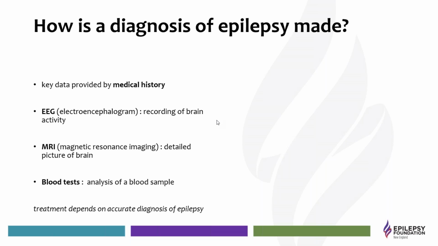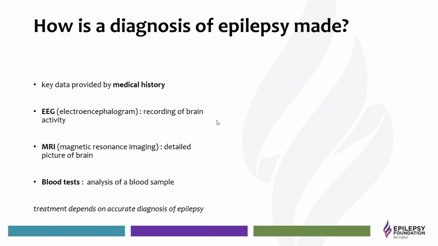Doctors who have become really skilled in reading these can actually see different spike and wave patterns for different types of seizures. And of course, the placement of the electrodes on the scalp is a map of which waves are being recorded in which part of the brain. Is it the left hemisphere or the right hemisphere? Is it the frontal lobe, or is it at the back of the head in the occipital lobe?